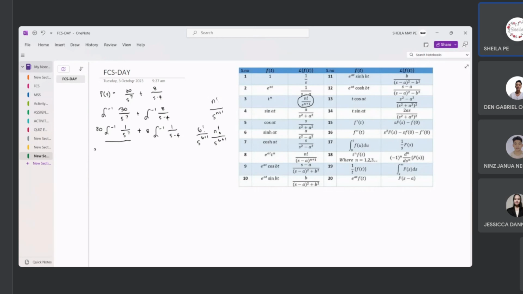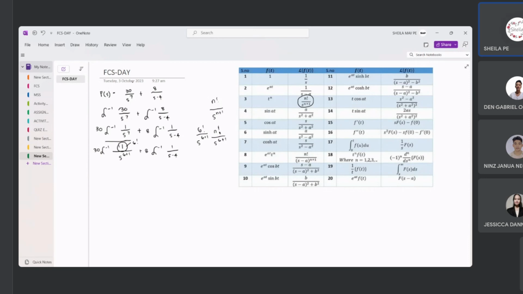So we put 1 over s raised to 6 plus 1, plus 8 times the inverse Laplace of 1 over s minus 4. We need to have this in n factorial, so it should be 6 factorial.